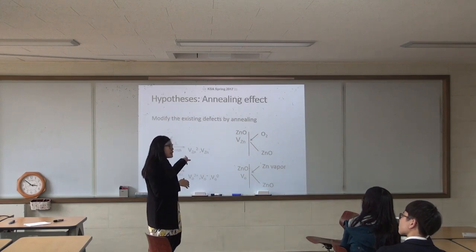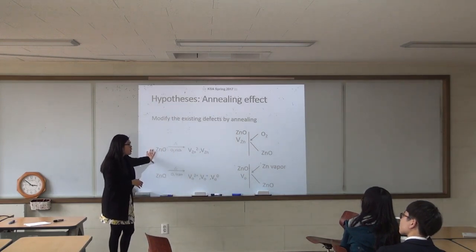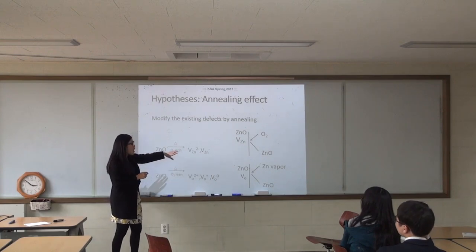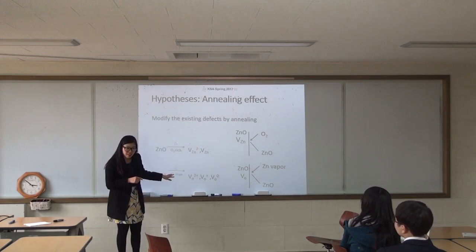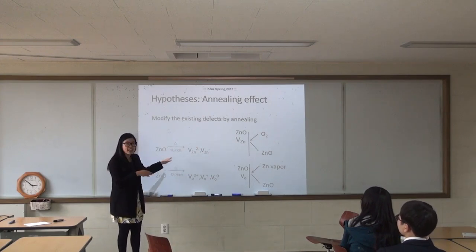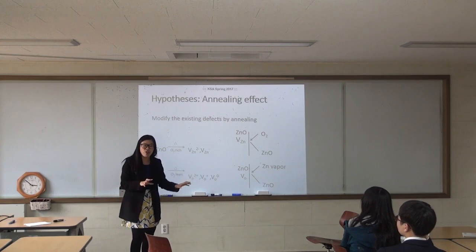In this research, I modify my zinc oxide by annealing in an oxygen atmosphere and a zinc atmosphere. One is an oxidative atmosphere, the other is a reductive atmosphere. You will see the effect on the gas sensitivity later.